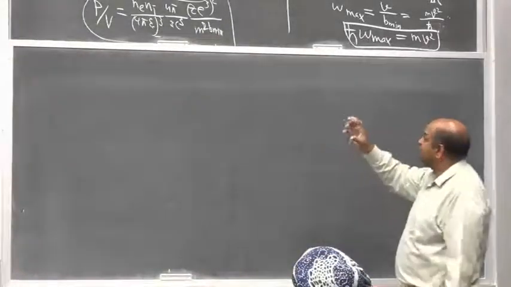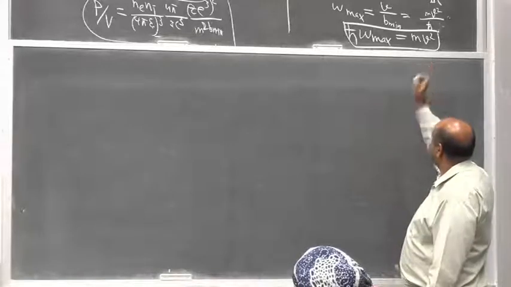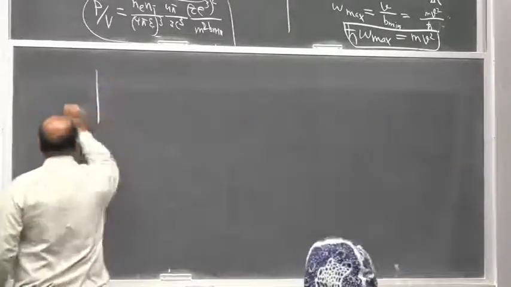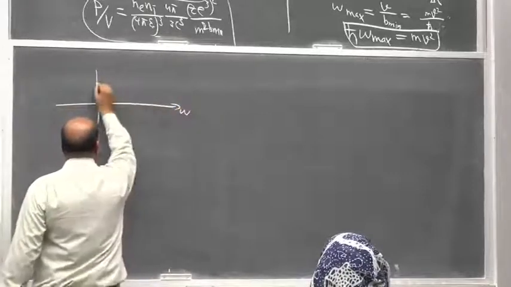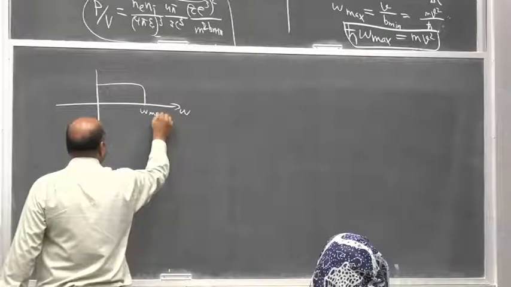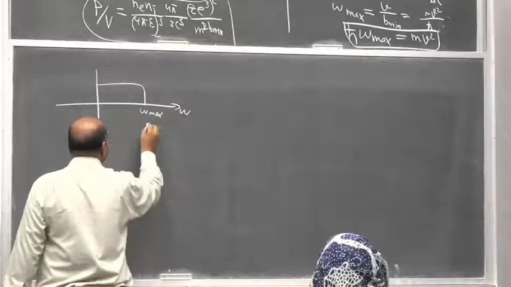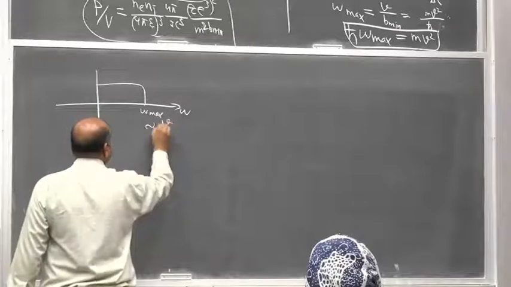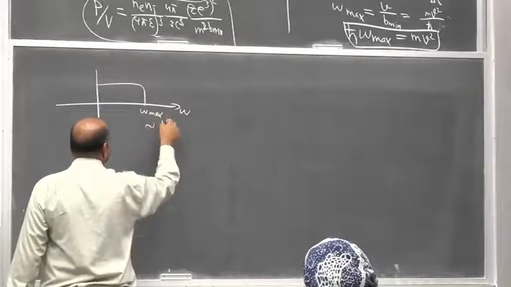Since the radiation occurs only for a short time delta t, we can roughly assume the spectrum to be flat until a maximum frequency which is proportional to v over b, because this is inversely proportional to 1 over delta t.